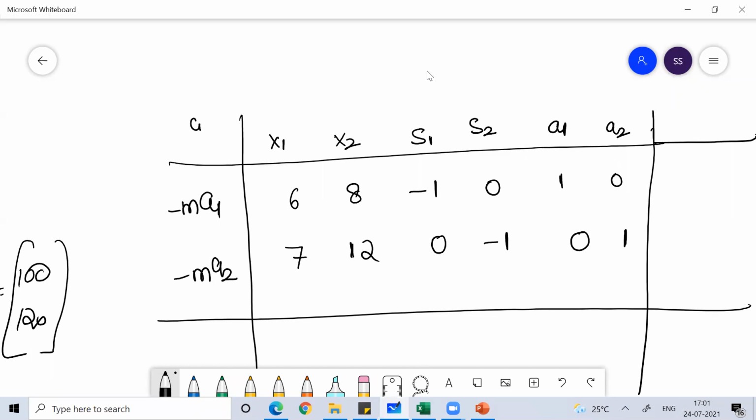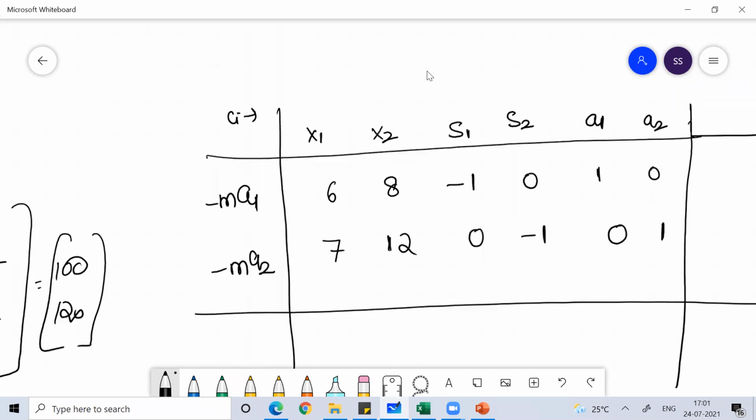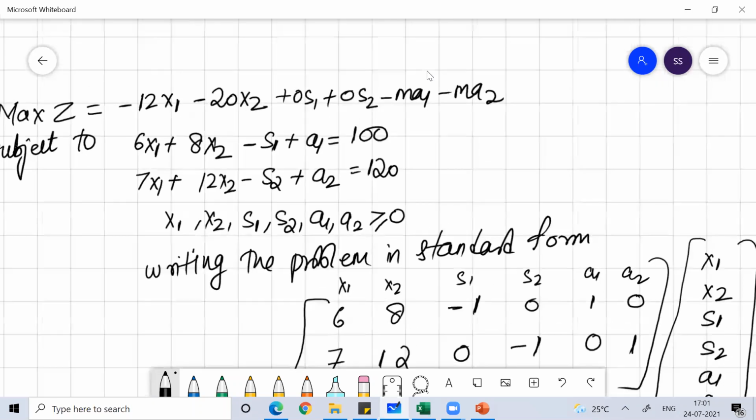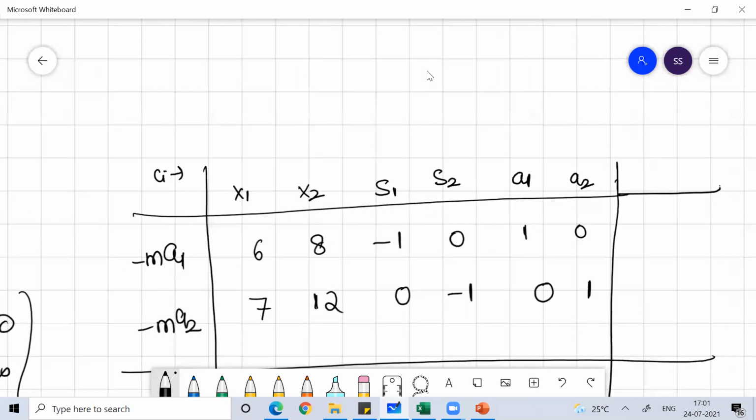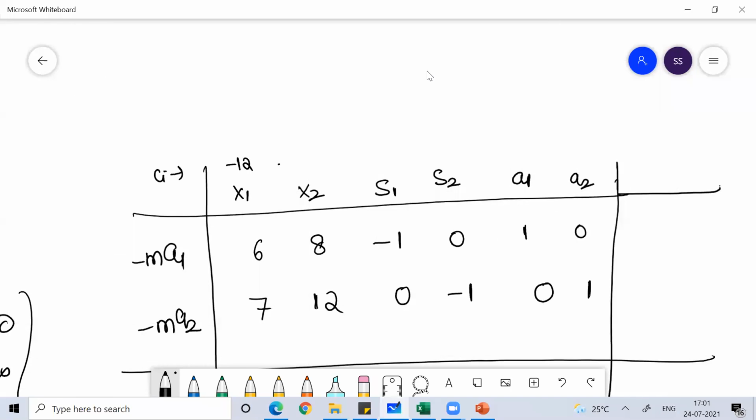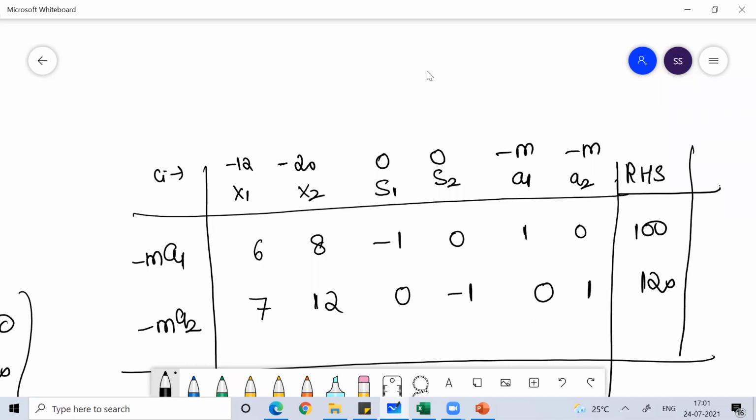Then we have the Ci values, which I can put here: minus 12, minus 20, 0, 0, minus M, minus M. The RHS values are 100 and 120. And this is theta.